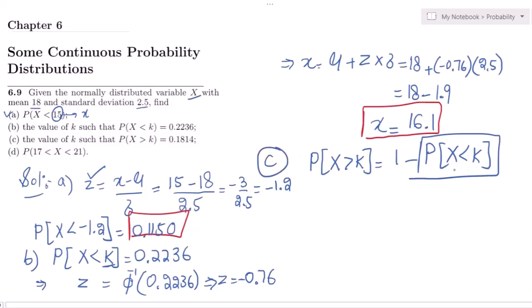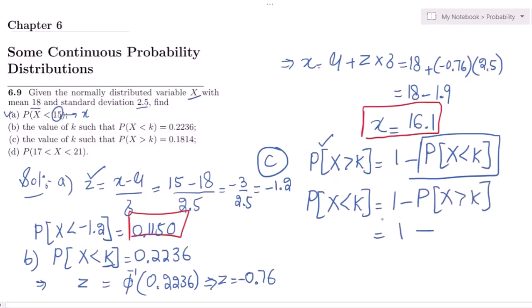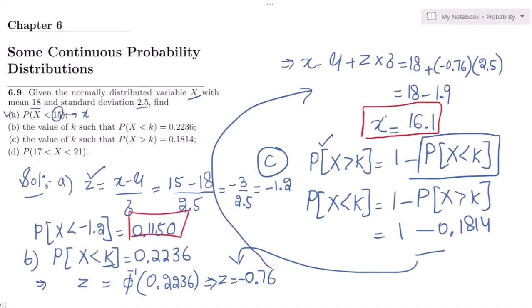So the probability that x is less than k would be 1 minus the probability that x is greater than k, which is 0.1814. Once you find this value, you have to find the value of z, and after finding the value of z, you have to use the same procedure which we have done for part B of our question. Okay, so that is part C.